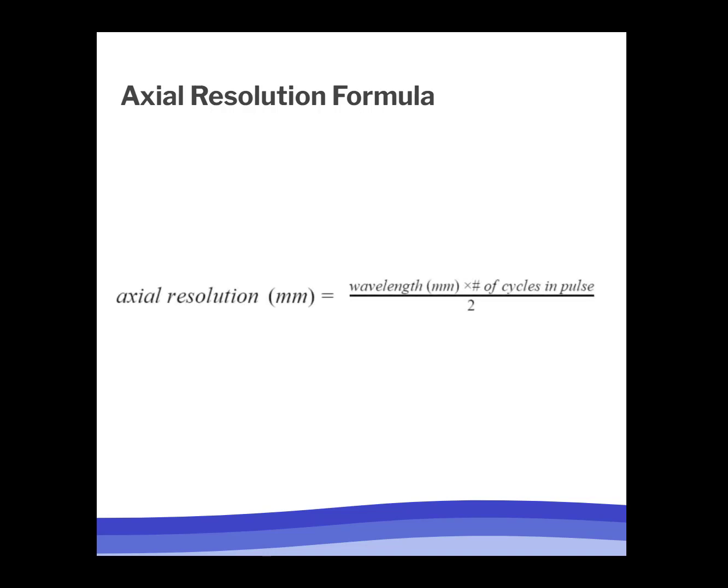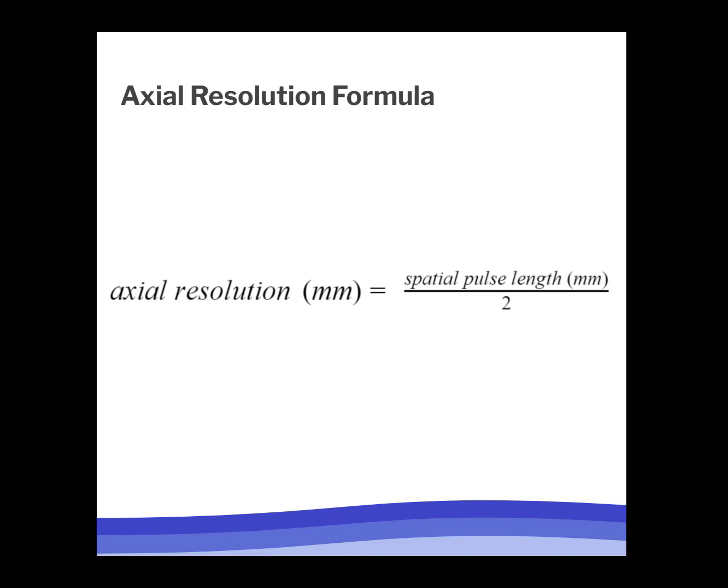So here it is. Axial resolution is going to be equal to wavelength times the number of cycles in a pulse, all divided by 2. Now you might be looking at part of that formula and thinking, hey, wavelength times the number of cycles in the pulse is the SPL formula, and you would be absolutely correct. So if it is easier, you can think of the axial resolution formula as being spatial pulse length divided by 2.